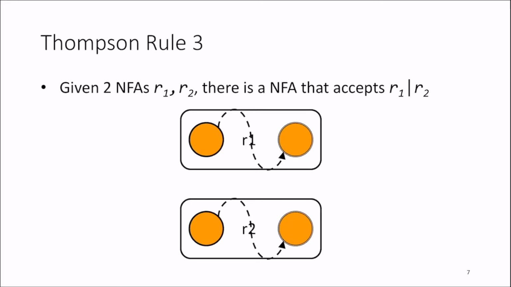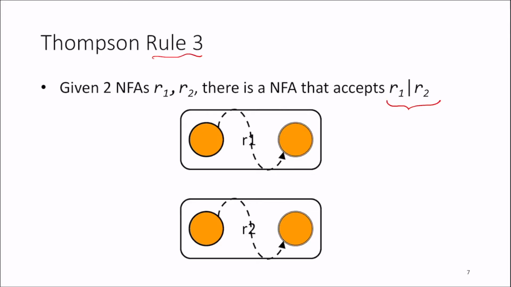Thompson rule number 3 is the one that's sort of more interesting. It starts building up bigger, more complex NFAs based on simpler NFAs, right? So it's recursively building up larger and larger NFAs. And rule number 3 is about alternation.